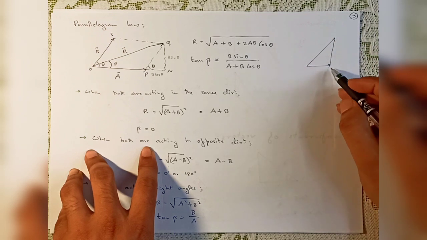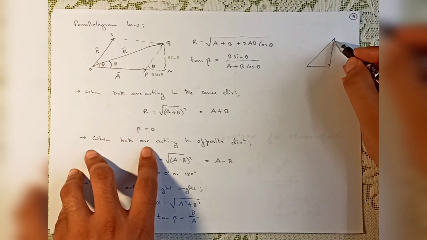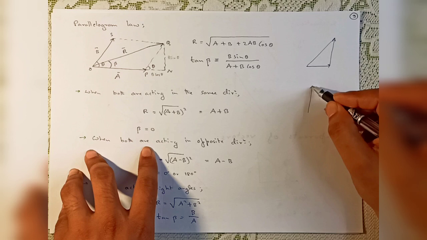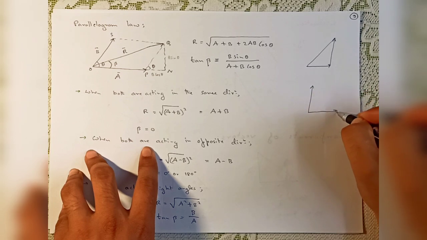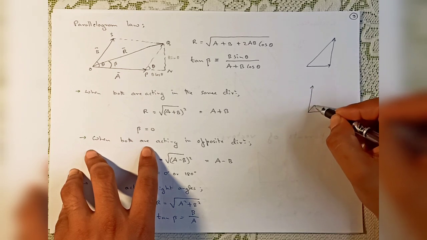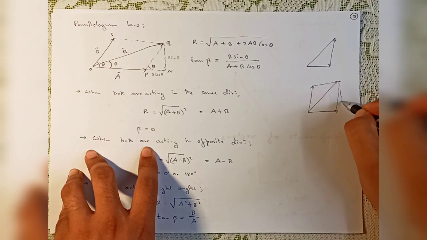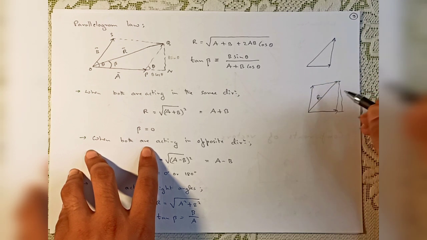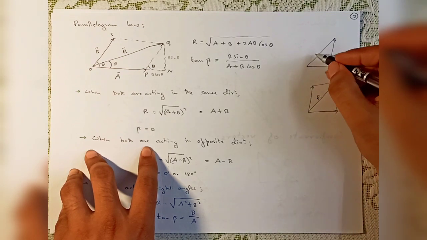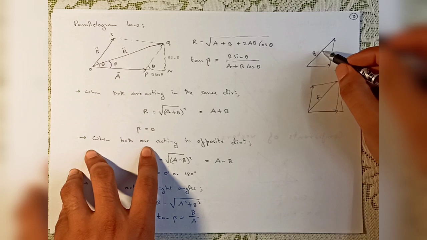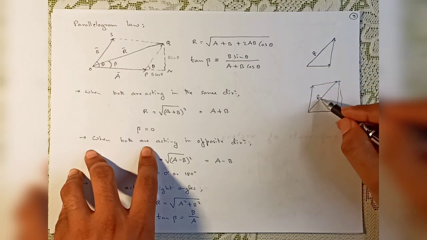The only difference is that in the triangle law the head is connected to the tail, whereas here the tail is connected to the tail, and the diagonal going through is the resultant of the vector.